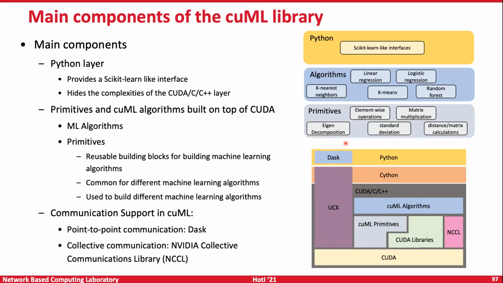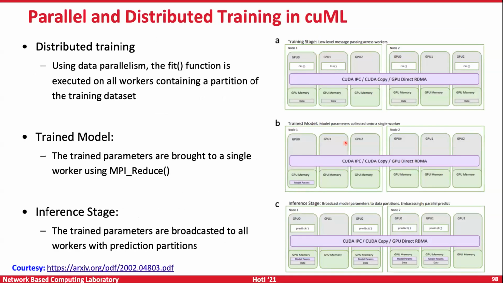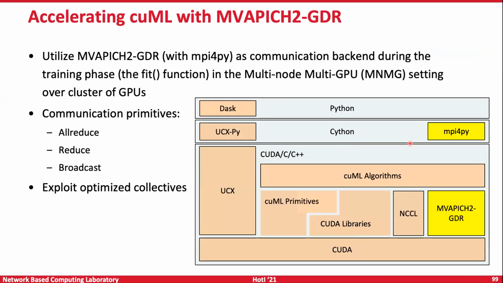And this is the stack view of the vanilla version of cuML. What we have done as part of this work is that we have taken this software and added support for MVAPICH2-GDR, which is our GPU-based MPI communication layer, in the cuML software stack. As you can see, this is a similar architecture to what we have seen before. There is a Python layer which talks to C, C++, which is the main workhorse layer in cuML.